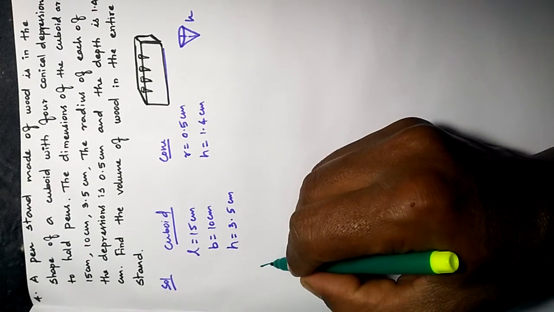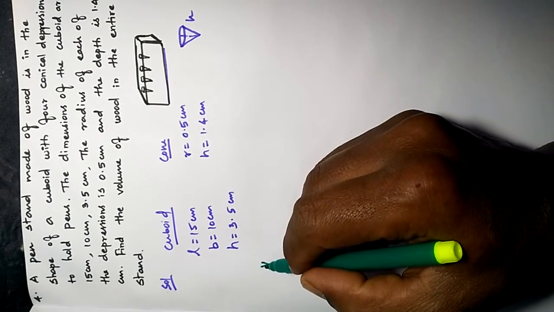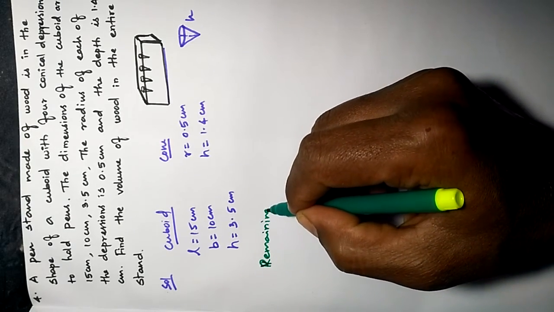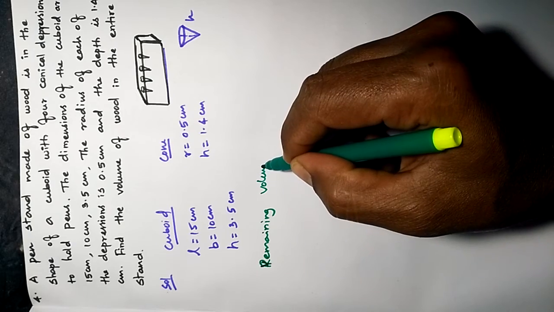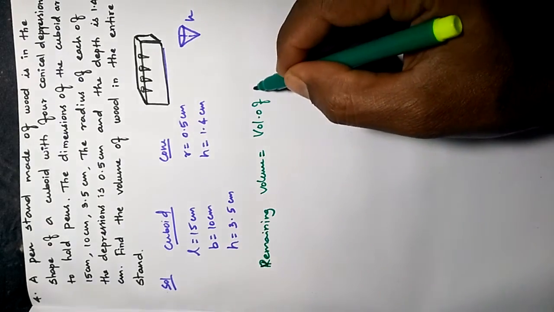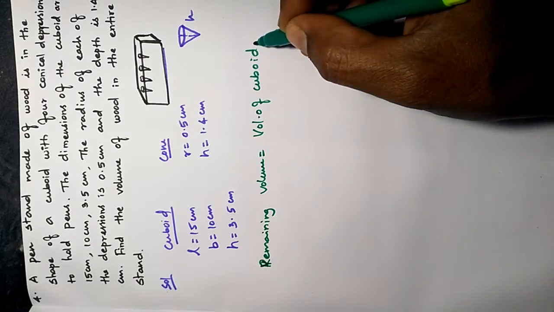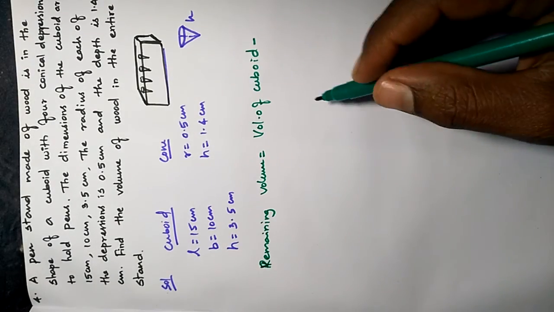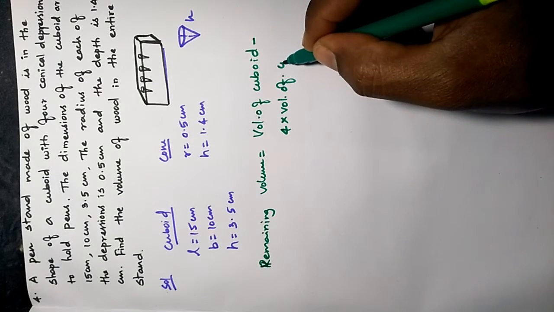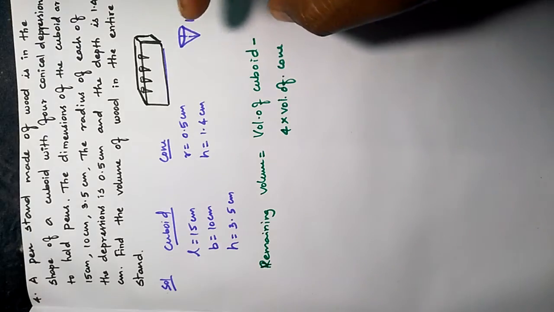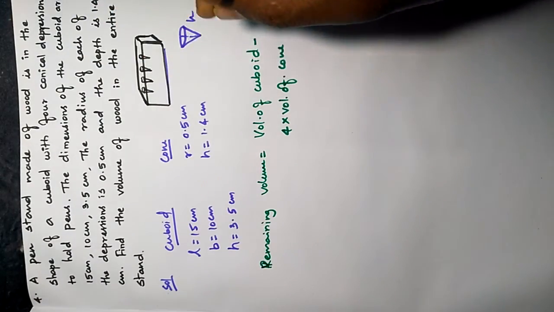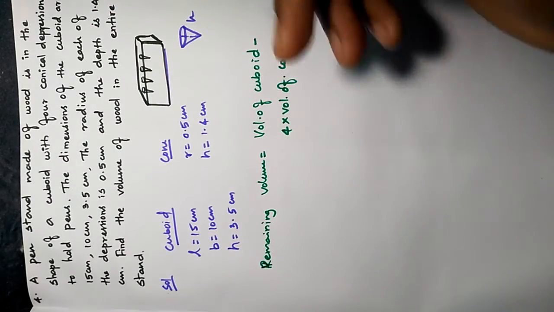Then how to find out? You see here. So remaining volume is equal to, from the cuboid, volume of cuboid minus 4 volumes of conical depression. So 4 into volume of cone. If you subtract from the cuboid, that means the total wood, from that the 4 conical parts they have taken out. So that only we have to subtract.